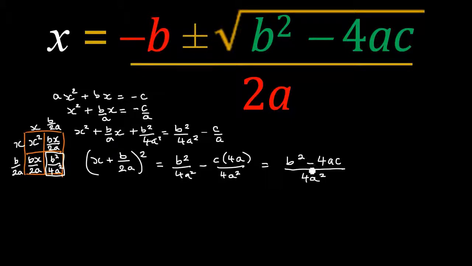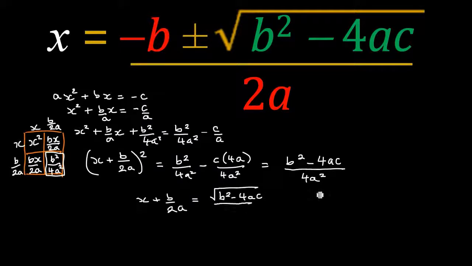And there's our discriminant. Now, on the left-hand side, we're then going to square root, so we end up with x plus b over 2a. And so we have to square root this side. So we're going to square root the top, which is b squared minus 4ac. And by the laws of indices, and the surds, we can also split this into square rooting the top and square rooting the bottom.